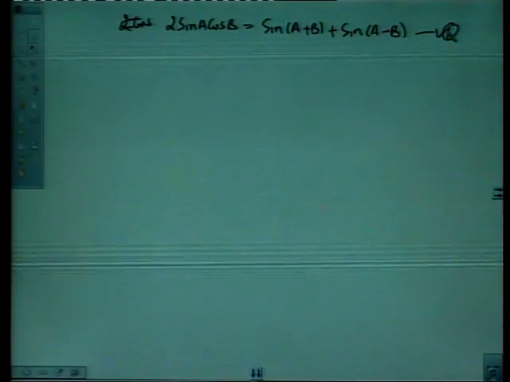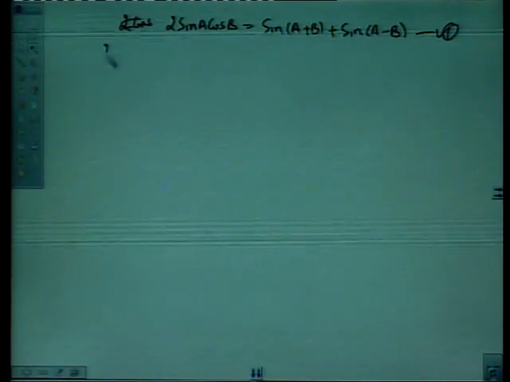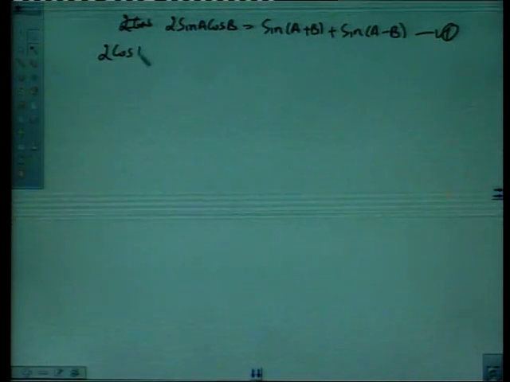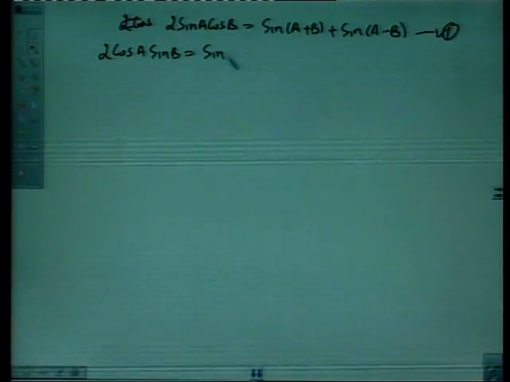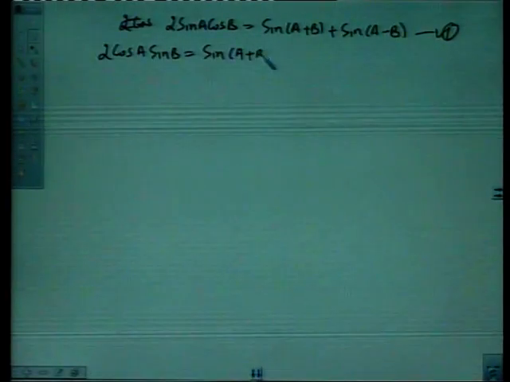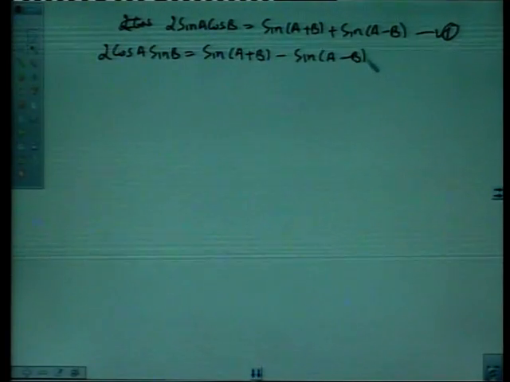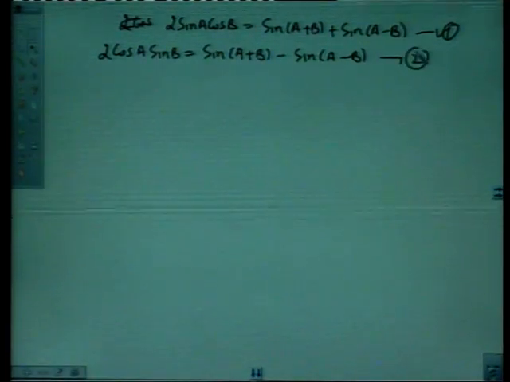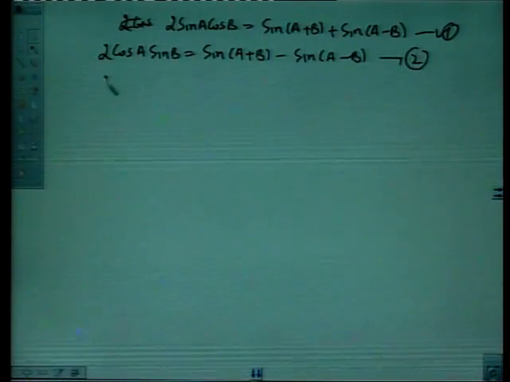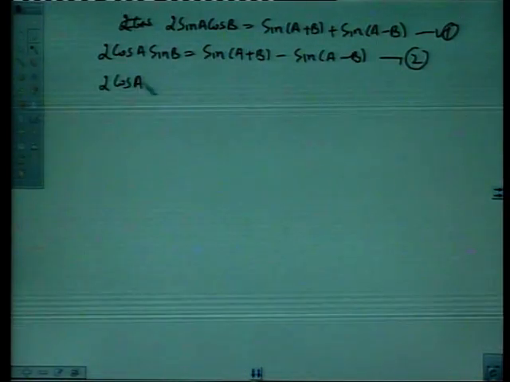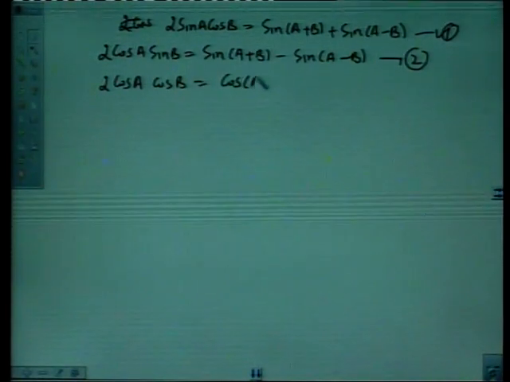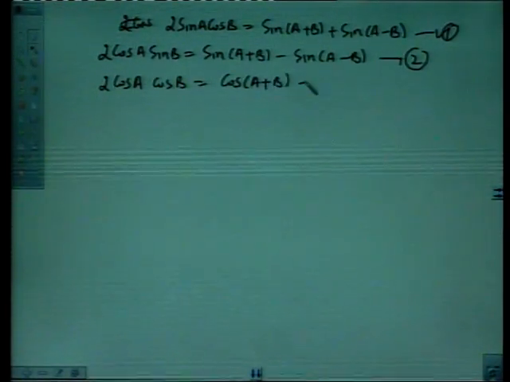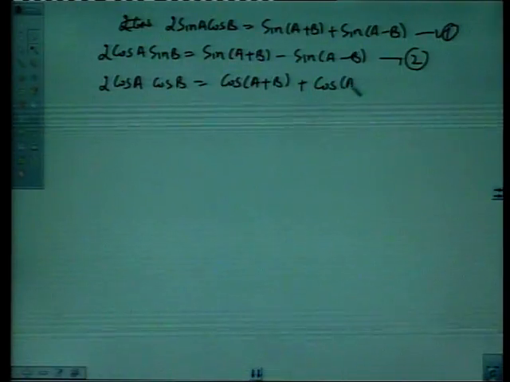You derived this formula. What was the second formula? The formula was 2 times cos A sin B, it was sin(A plus B) minus sin(A minus B). This is the second formula we have. The third formula: 2 cos A cos B is equal to cos(A plus B) plus cos(A minus B).